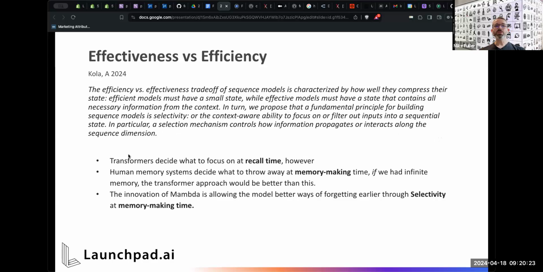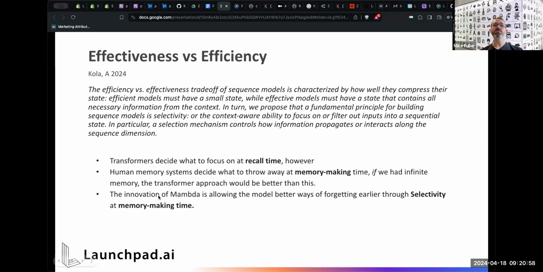So again, if we think about this versus transformers, transformers decide what to focus on at recall time. However, human memory systems decide what to throw away at memory making time. We don't have infinite recall and infinite attention across everything we've ever seen or that is within a current context, right? If we had infinite memory, the transformer approach would be better than human recall, obviously, and it is in many ways already.